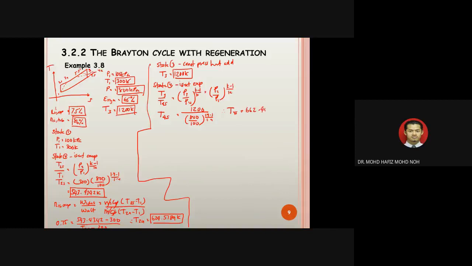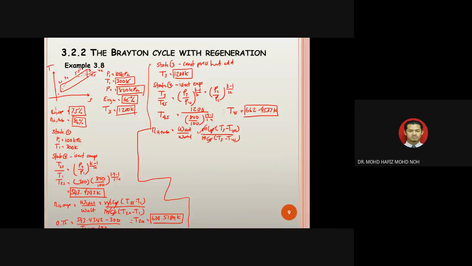662.4537, 4537 Kelvin. So you got all these terms. And then you go for the isentropic efficiency for the turbine in order to find the value of T4 actual. So W actual divided by W ideal is m dot Cp (T3 minus T4 actual) divided by m dot Cp (T3 minus T4s).